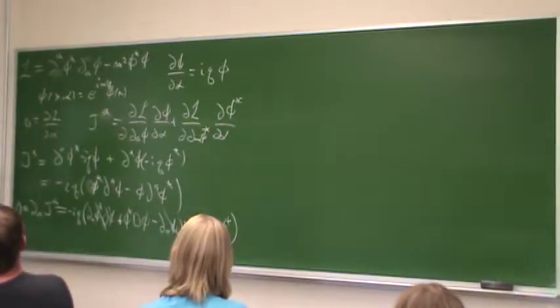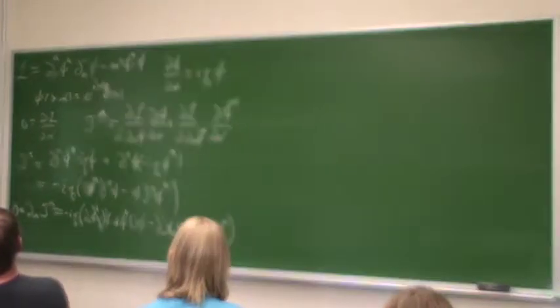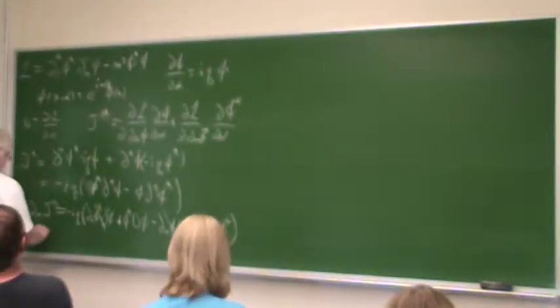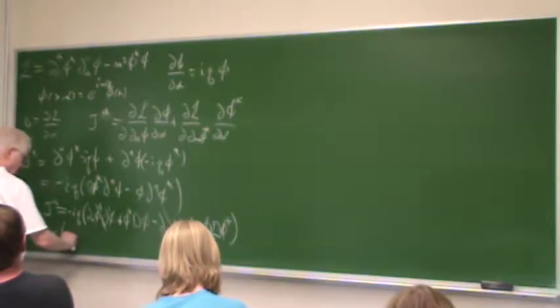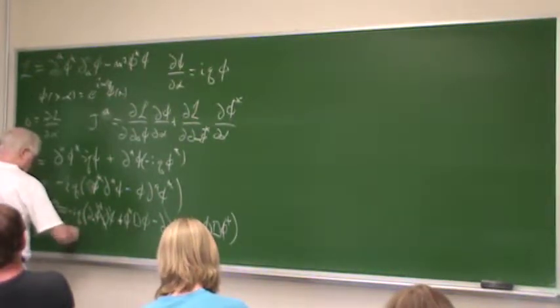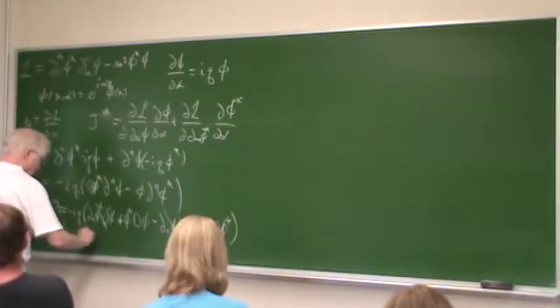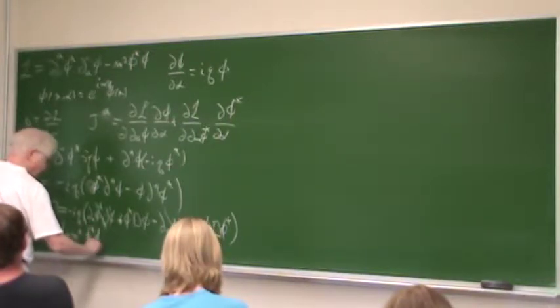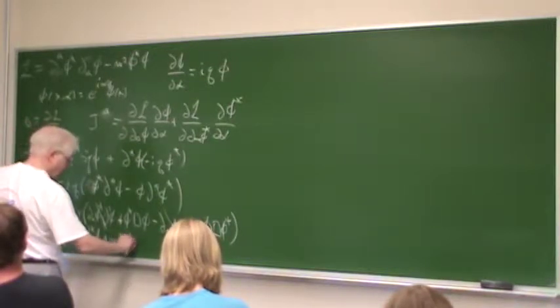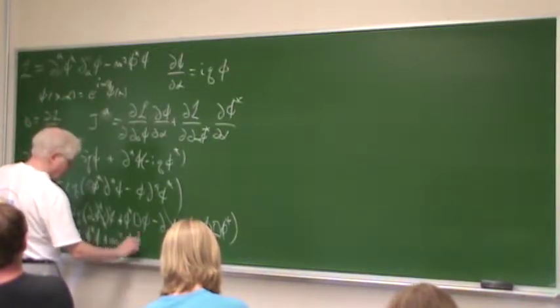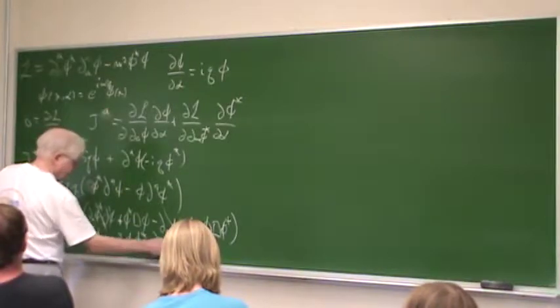So now we apply the equations of motion. The equation of motion on box phi is minus m squared phi. So this is equal to minus iq. Whoops, there's a minus sign. Minus m squared phi star phi plus m squared phi star phi, and so that's 0.